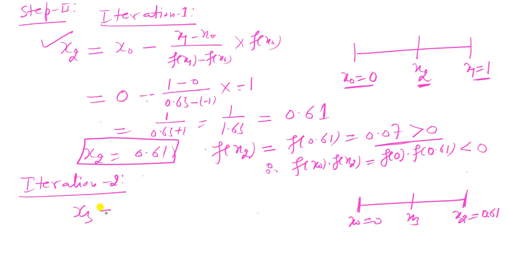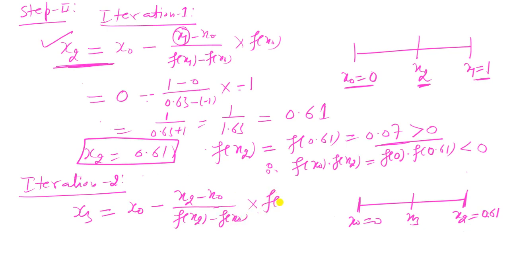In this equation x1 is replaced by x2, because f of x2 is positive and in step 1 f of x1 is positive. So x3 is equal to x0 minus (x2 minus x0) upon (f of x2 minus f of x0) multiplied by f of x0, and substitute all the values in this expression.